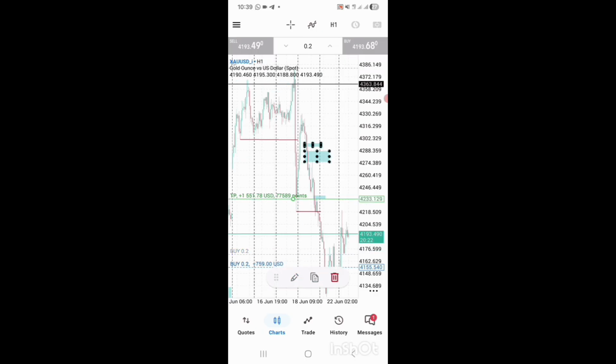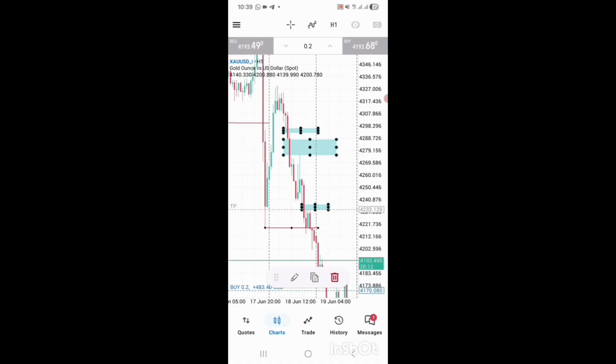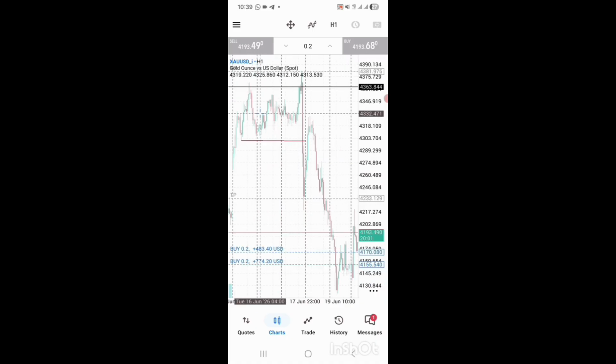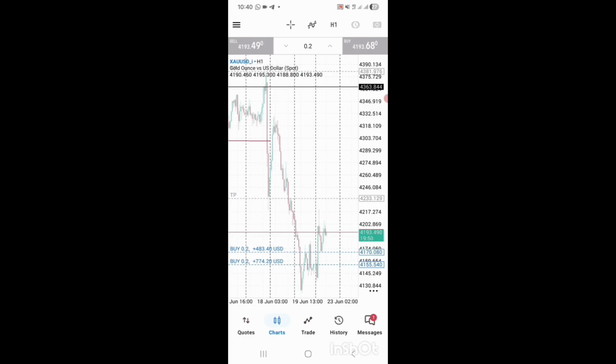So meaning all this, to me, is invalid. Just like on the previous one, a broken structure with no value to come back to is one that I don't really pay attention to. I really don't, because what is here for me to come back to? Because this fair value gap is after the break of structure.